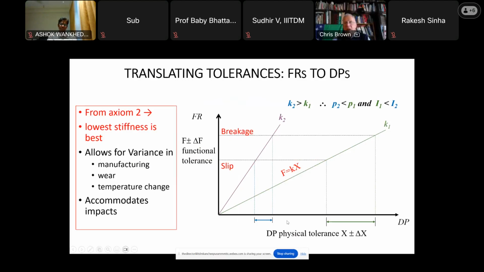When I'm making the cam or the other components, I've got larger tolerances in my design, so I can have more variance in the manufacturing process. As things start to wear, it'll be robust. Temperature changes, it'll be robust with respect to that. It'll accommodate impacts. So we go with a softer spring because it gives us a larger physical space for the design solution.